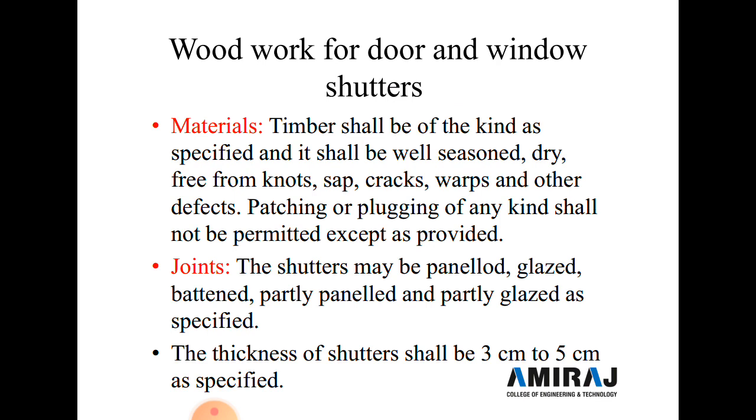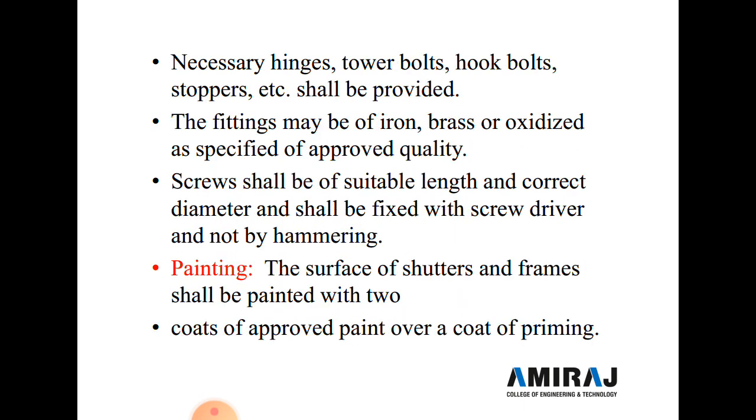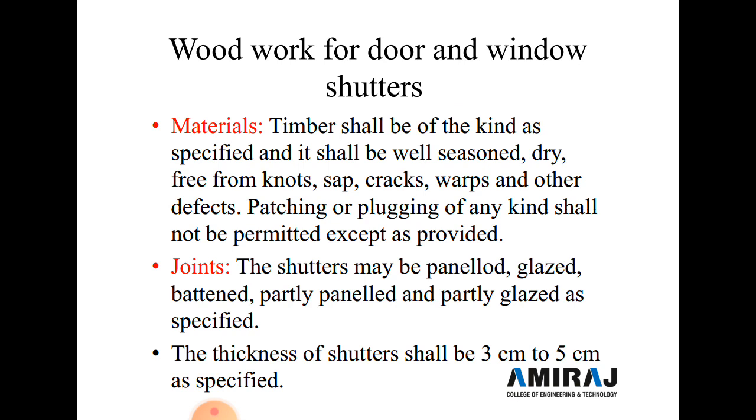Now the next important point for the building component is wooden work for door and window shutters. Here we also discuss the material, joints, fittings and painting. Let's start with the material.